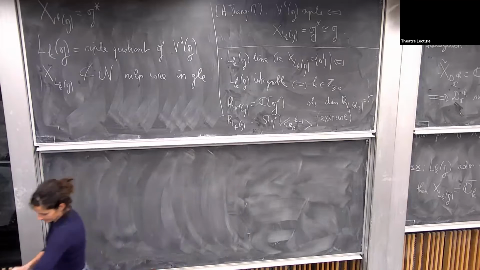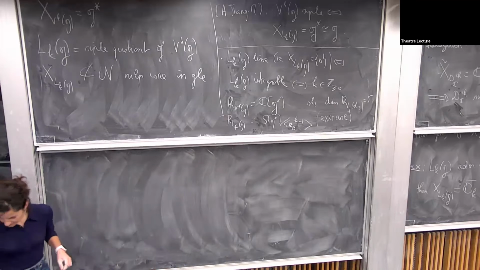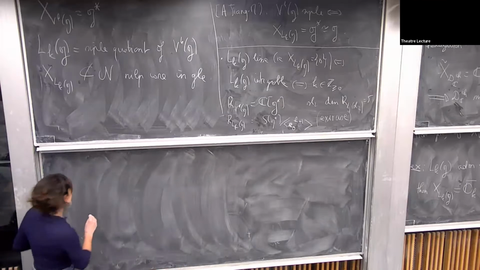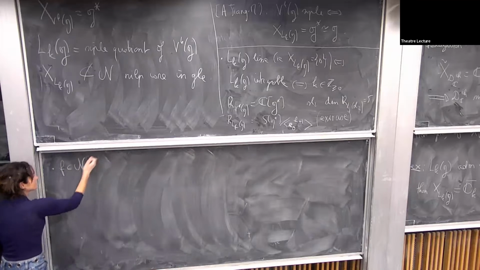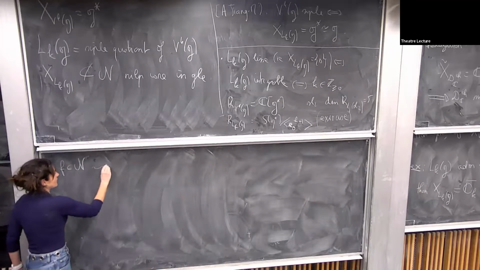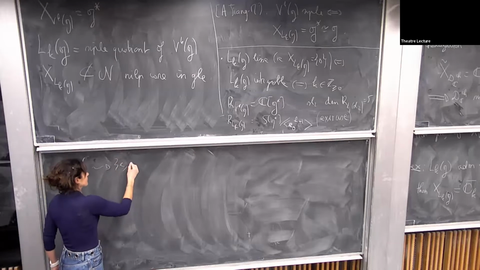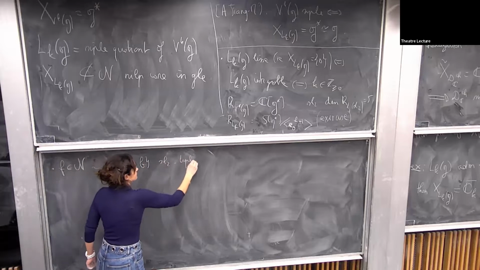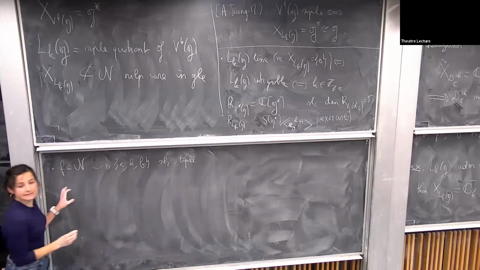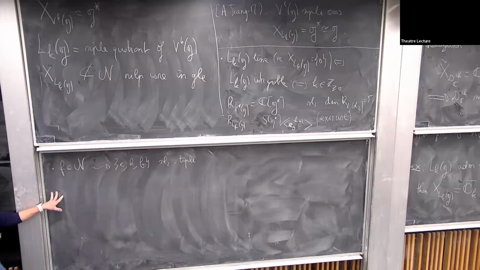Okay, so now the last family of examples I want to discuss is: fix a nilpotent element f. You can embed it into an SL_2 triple, and then consider the corresponding Slodowy slice.